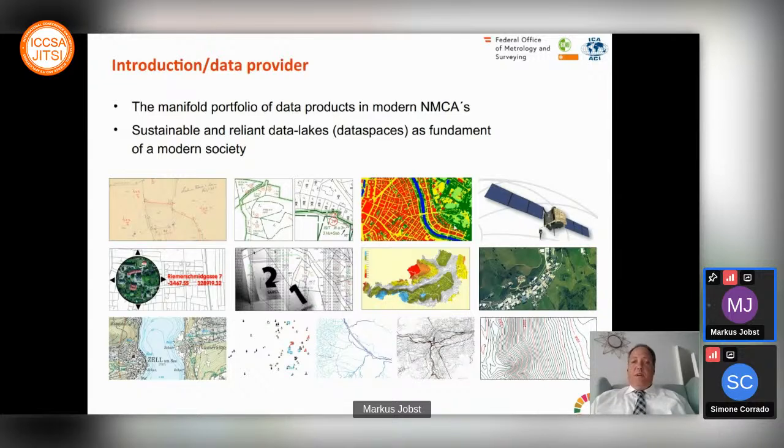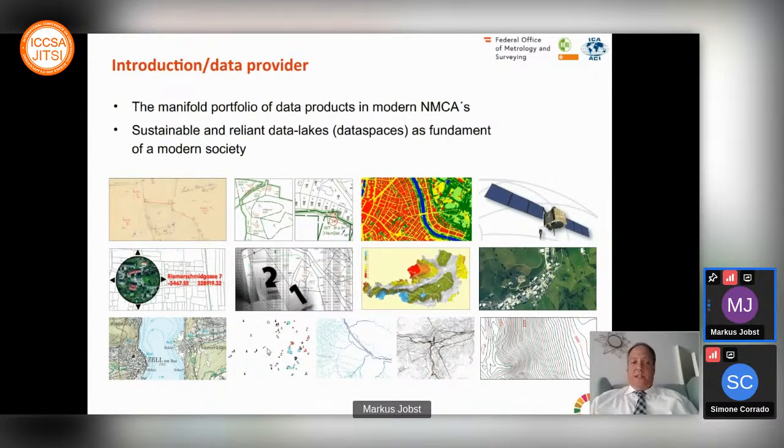And deriving from point clouds, we can go into classifications, we can go into analysis. But of course, there are a lot of different data involved when you're a national provider and you have the main task of providing this information in a reliant and sustainable way.